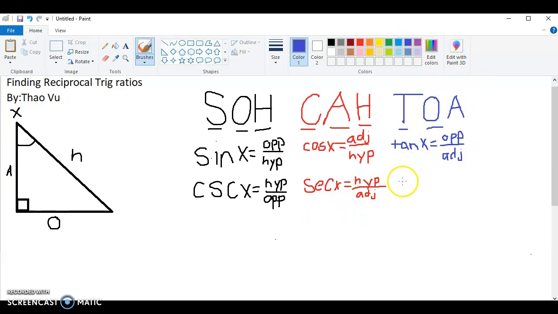Finally, cotangent is the reciprocal of tangent. So cotangent of an angle equals adjacent over opposite.